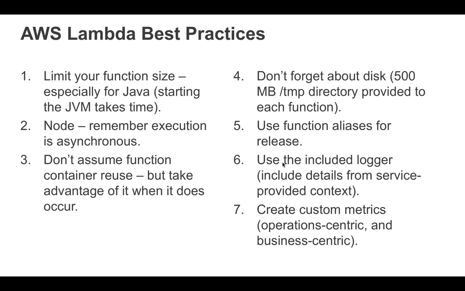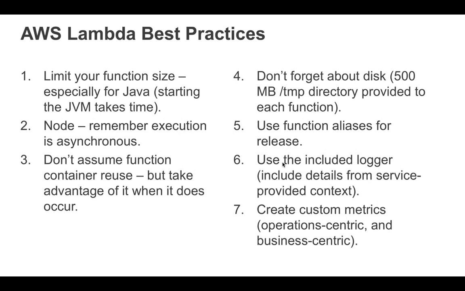So it's a blocking application design, or code design. Okay, don't assume a function container reuse. In other words, when the function executes, you can't assume that the next time it executes it's going to be using the same container.